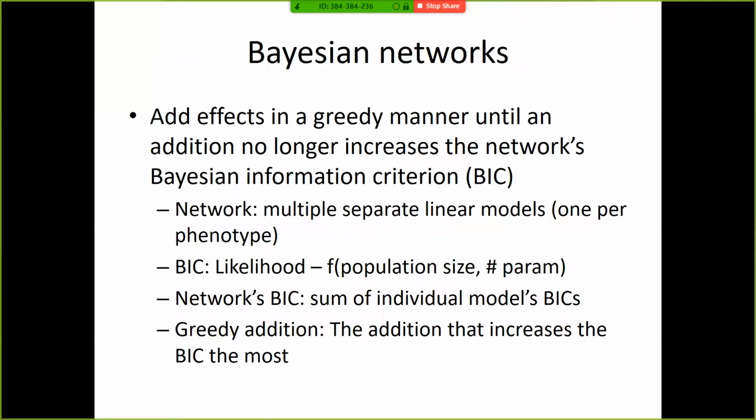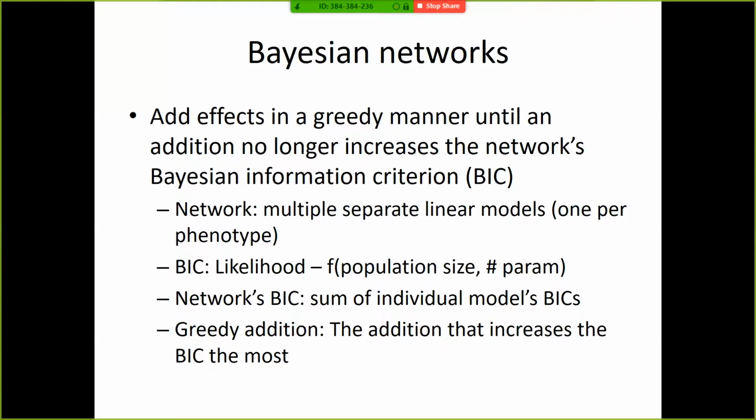And so an effective way to do that multiple phenotype analysis is by using something known as Bayesian networks. What you're doing here is adding effects in something called a greedy manner until an addition no longer increases the network's Bayesian information criterion, or BIC. I'll explain a few terms in that sentence. The first is, what is a network? It's multiple separate linear models, one per phenotype.